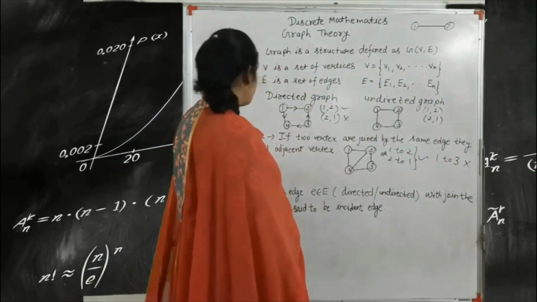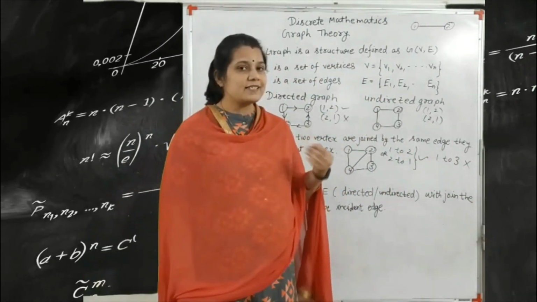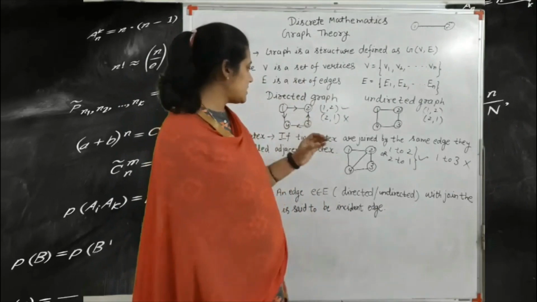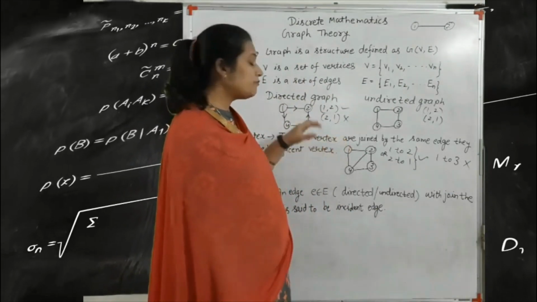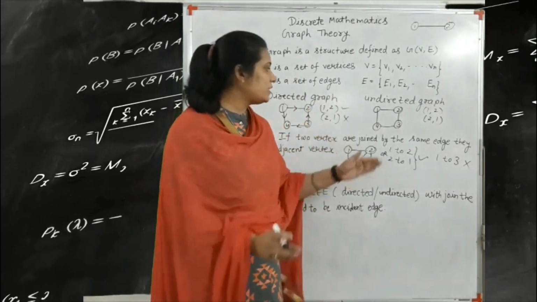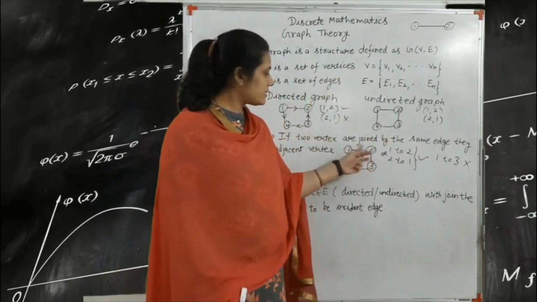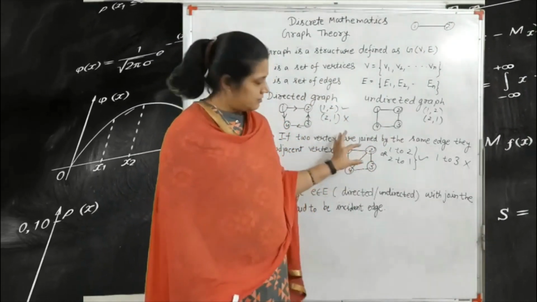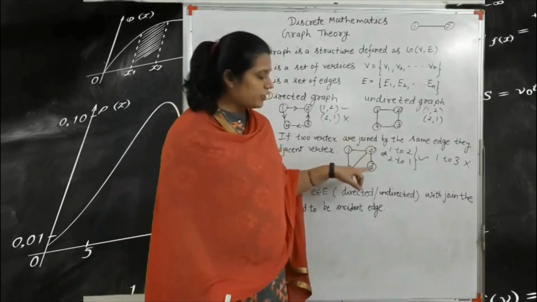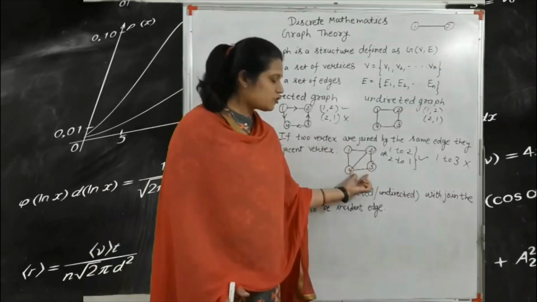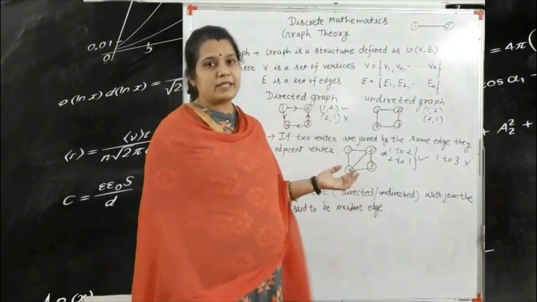So what is the definition of adjacent vertices? If two vertices are joined by the same edge. That means these two vertices are joined by the same edge, and these two vertices are also joined by the same edge.